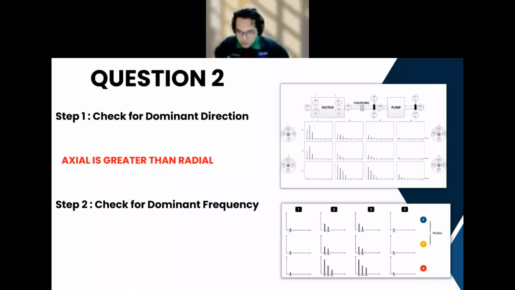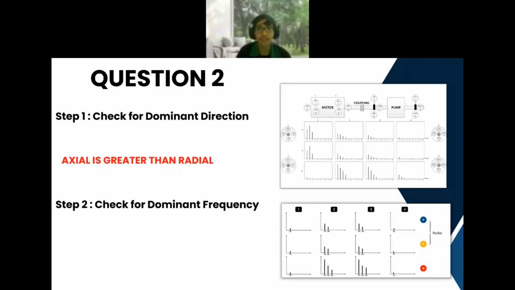From me, the dominant is from 1x, 2x, and 3x. We can see that at point 2 and point 3, 1x is greater than 2x. Am I right? Yep, you are. You can see clearly that 1x is more dominant than 2x.